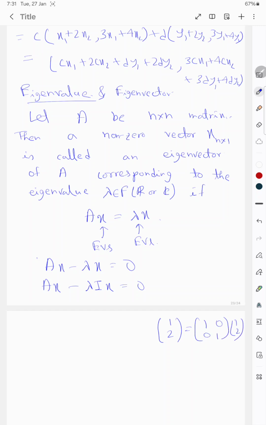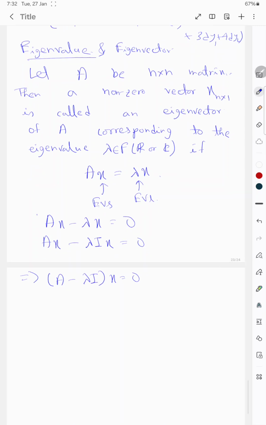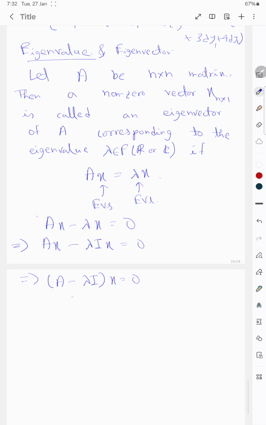Now after that I can have (A minus lambda I) into x equal to 0. So this is equivalent to the earlier relation. Now, we want x to be non-zero.